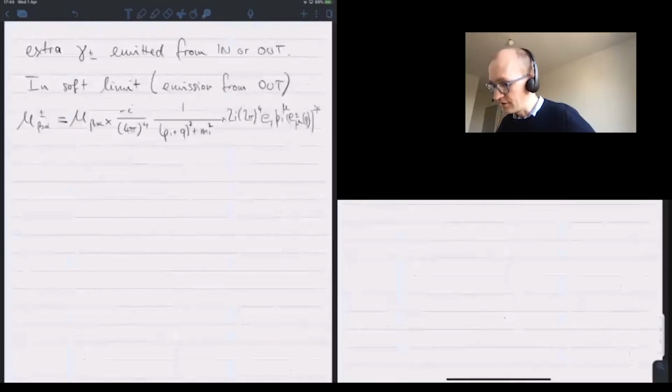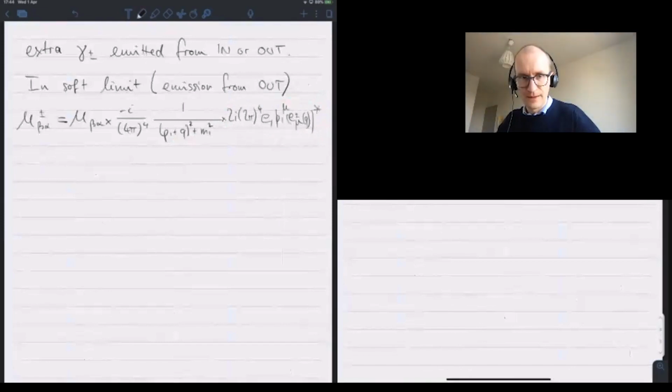The answer is obviously P1 plus Q. So that explains that factor here. The rest was just the photon emission vertex that we discussed at the beginning of this lecture, and in more detail last time.